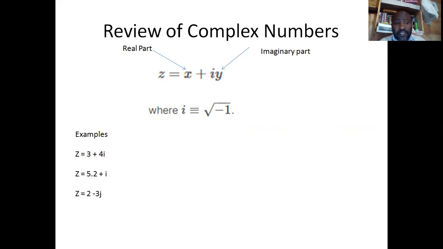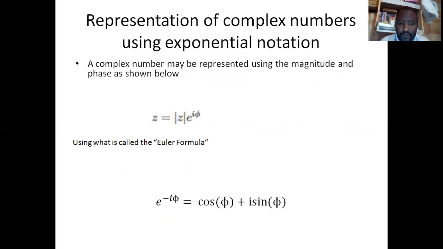In that case, you'll need to compute the magnitude and the phase, then use this notation where you say z is now the magnitude multiplied by exponential i, then the phase. Now, this is a formula we call Euler's formula. Some people will call it Euler formula, doesn't matter.